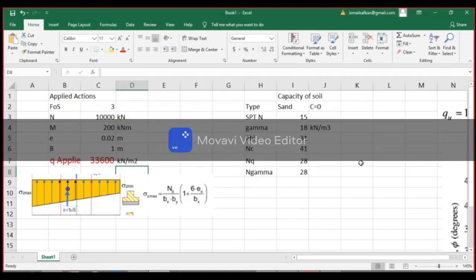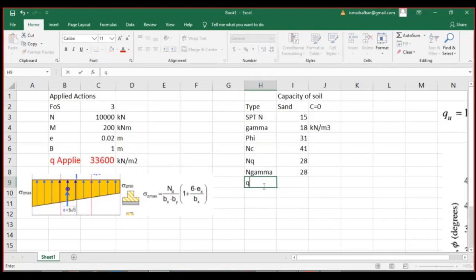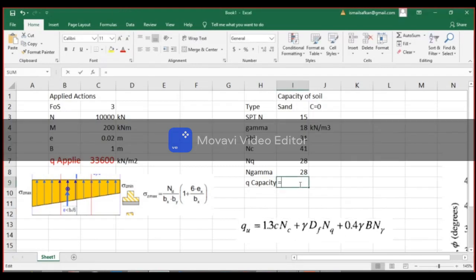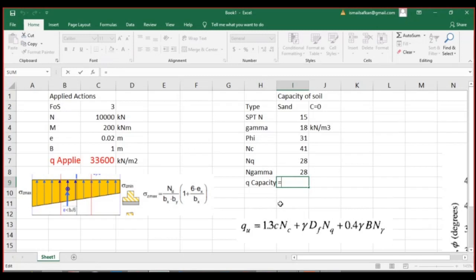But what you should do, you should also calculate the capacity of soil on the right side until you manage a safe level. So Q capacity will be equal to our formula here. We said initially the first component is going to be 0. So gamma, we assumed it's a dry soil, there is no water.